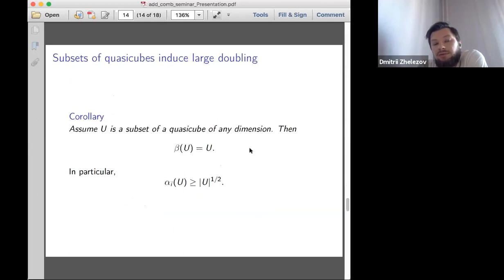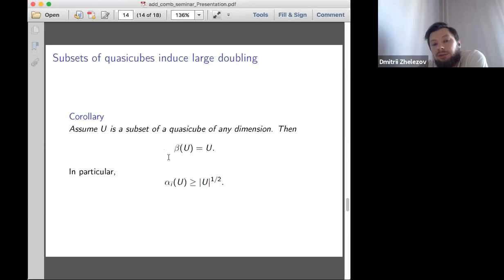This again follows very easily just because you apply induction and, reducing the dimension 1 by 1, you always have that the beta is as large as the sum of the betas of the two fibers that we're splitting into. And since at the very end we have trivial betas, which are ones, you end up with the maximal value here.